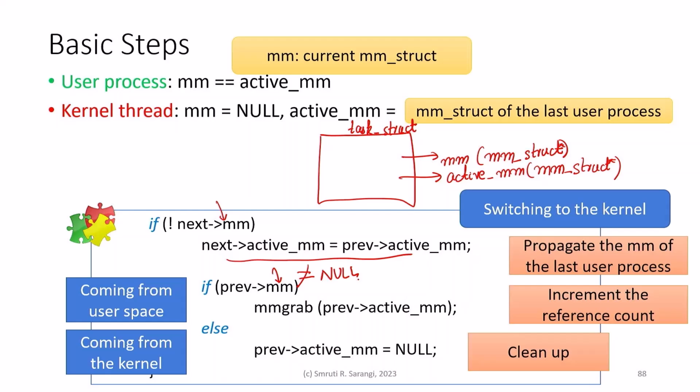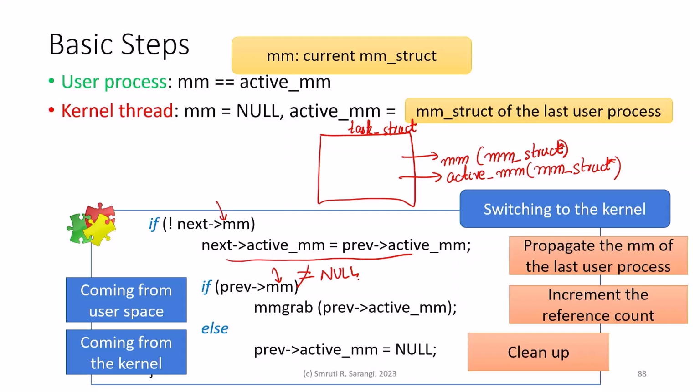The user process is already interested in its struct, but now the kernel thread is also interested in it. So you simply increment its reference count. The main advantage of incrementing the reference count is that later on, as the user decides to kill it or something, you have a count of how many other processes have a pointer to it. Unless this is 0, you would not like to deallocate the structure.